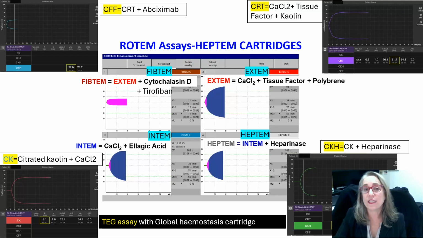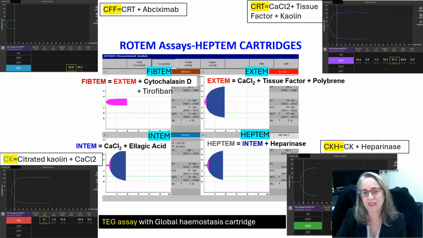And then in the bottom left, we're looking at the intrinsic pathway now. So the InTem. In the Rotem in the middle, it's calcium chloride with ellagic acid, and at the bottom left, it's activated by kaolin. So this is an intrinsic pathway activation. Very, very similar.